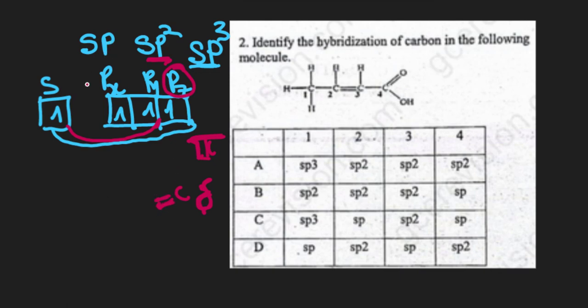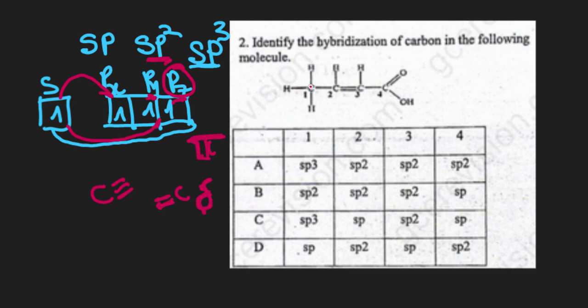Now for sp, it means that we have s and only 1 p orbital, leaving py, pz unhybridized. The 2 p orbitals that are unhybridized will form 2 different pi bonds, and the carbon atom will have triple bonds with 2 pi bonds and 1 sigma bond.